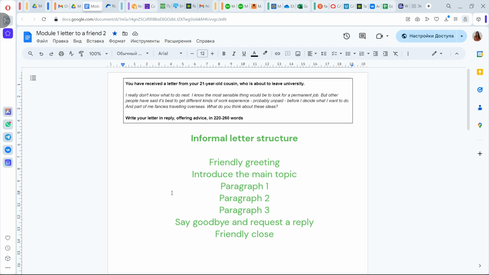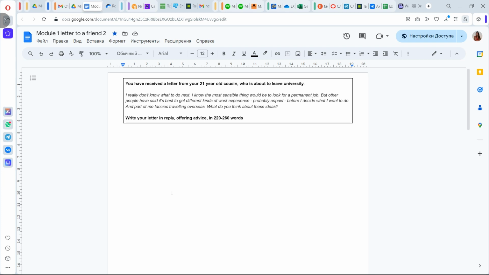As for paragraph 3, again we need to develop our final key point with reasons and examples. Then it is necessary to say goodbye and request a reply. And just to put a friendly close. That's it. Now let's move on to our letter.